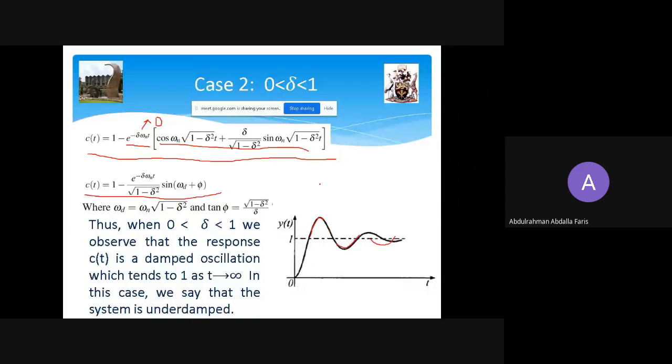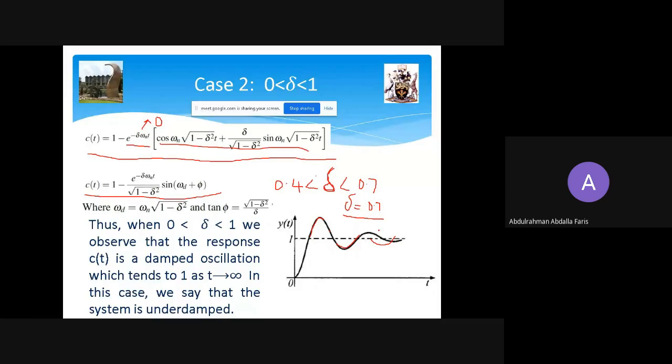The value which is used in control is actually 0.4 to 0.7. Most of the time, with delta 0.7, we have only one oscillation, and then it goes to the desired value, which is 1. So most of the time we use delta equal to 0.7.